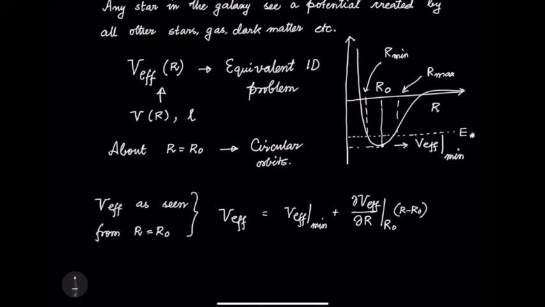We'll write one more term, del 2 V effective del R2 evaluated at R naught times R minus R naught square, and higher orders.